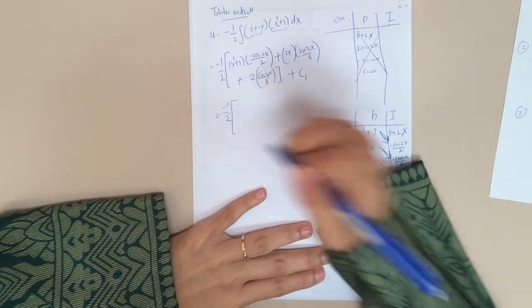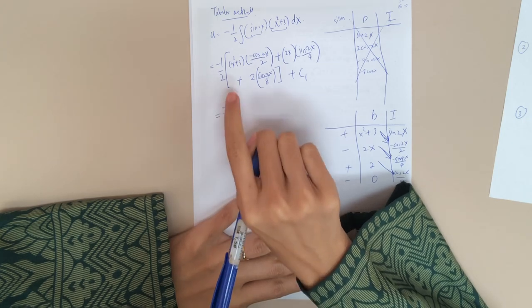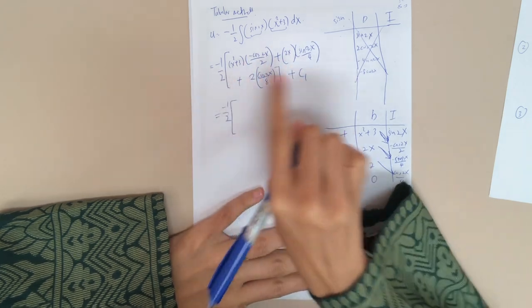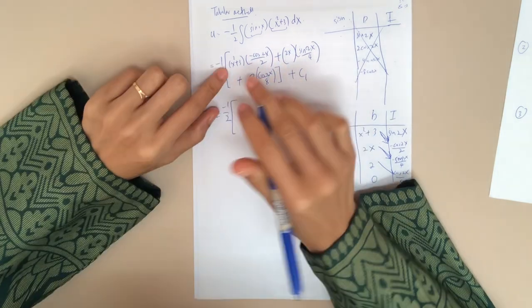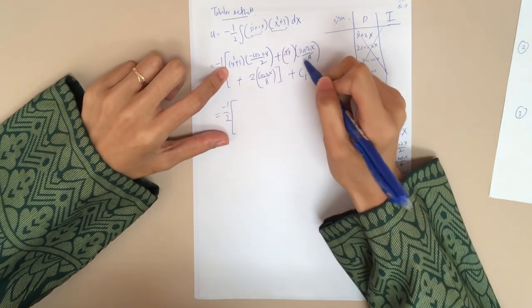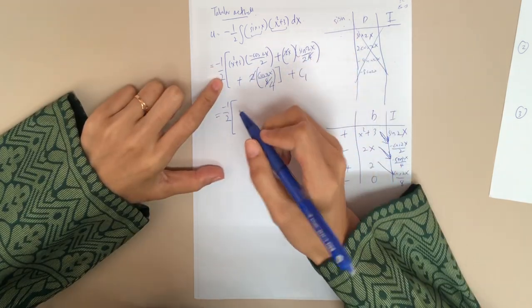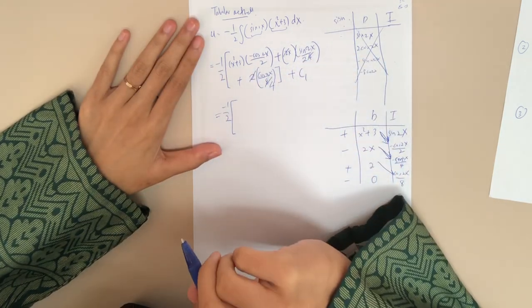Then what do we do next? We are almost done, but I think it's nicer if we rearrange this equation. So I open the bracket, and this one we can cancel off, so it becomes 2, and this one cancels, becomes 4.